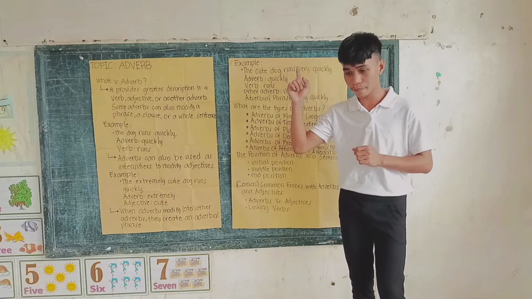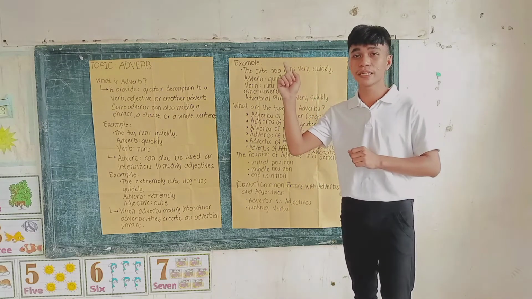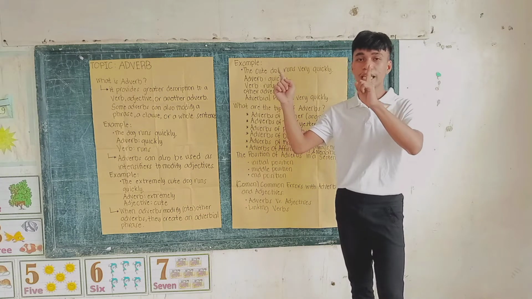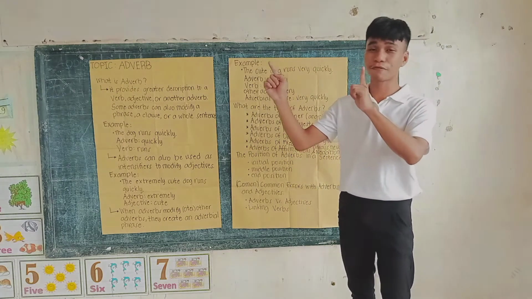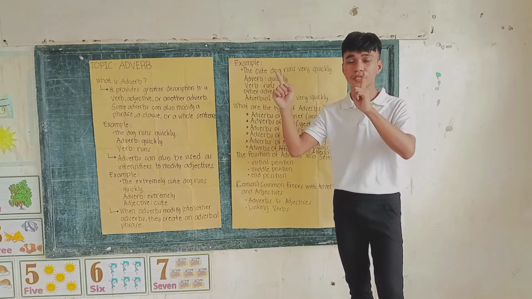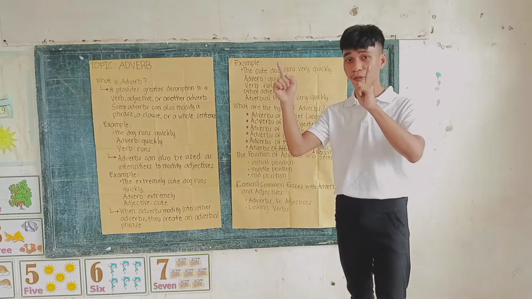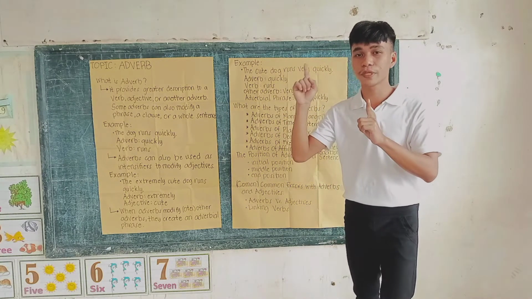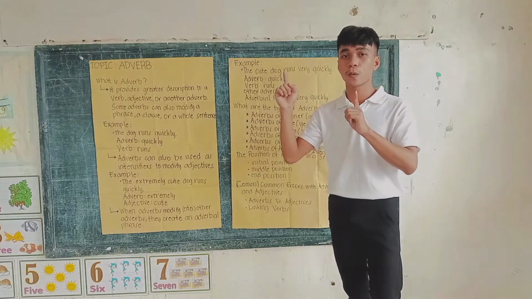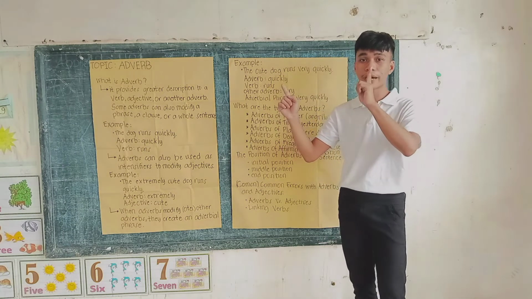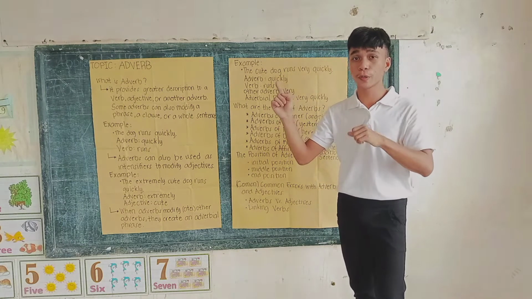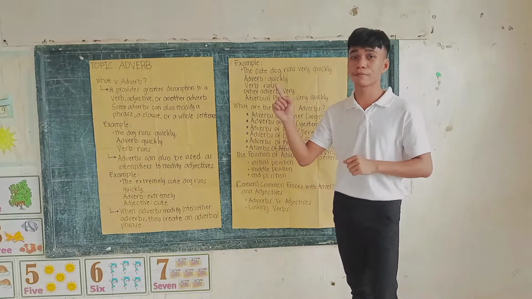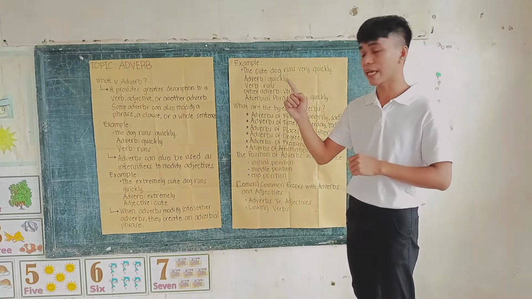Example 1. He behaved very badly on a field trip. Example 2. He behaved very bad on a field trip. Can you spot which of these examples is the grammatically correct sentence? Correct. The example number 1. We don't use the adjective bad, therefore we gotta use badly because it modifies the verb behaved.